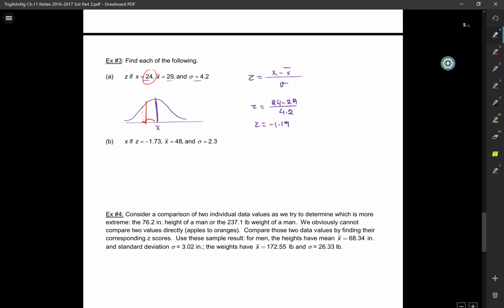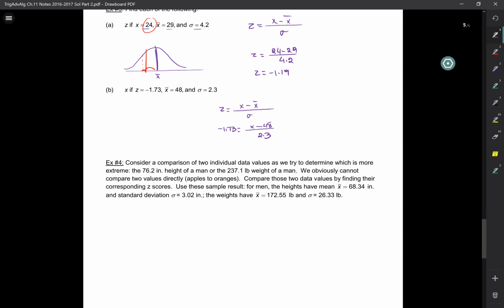Okay, so here we want to find x. So z is, again, x minus x bar over sigma. X minus 48 over 2.3.